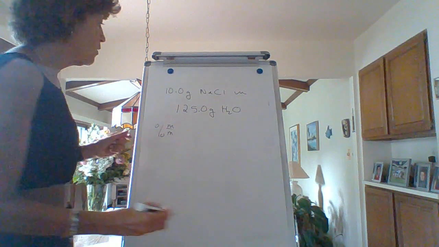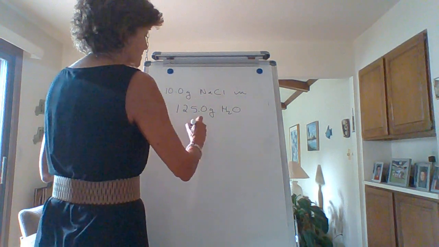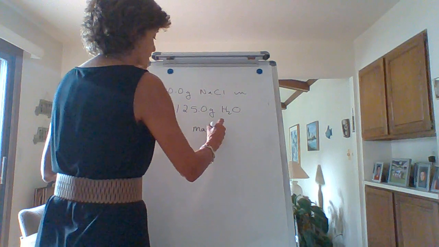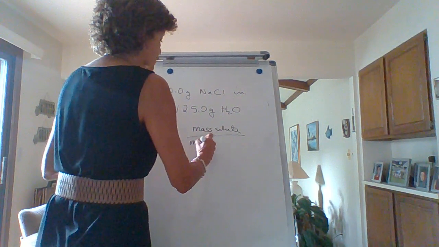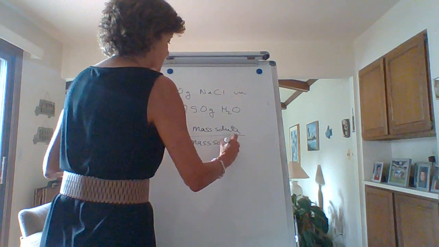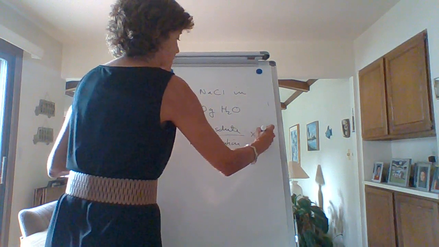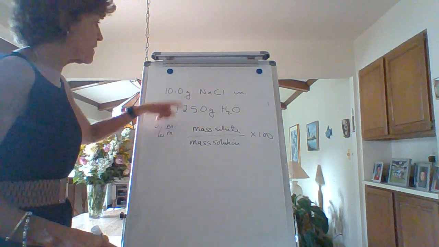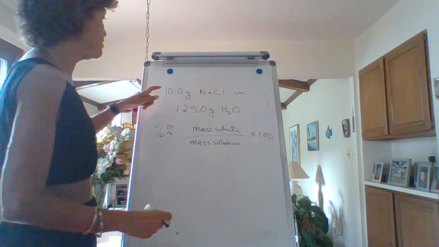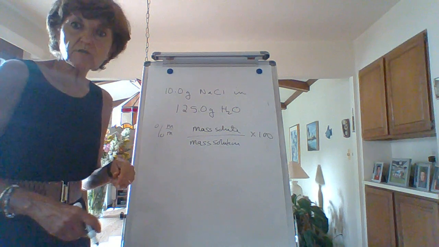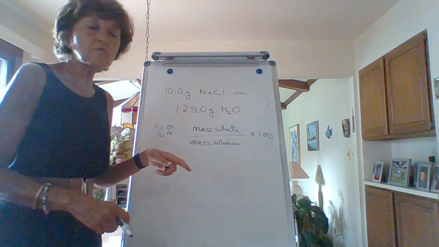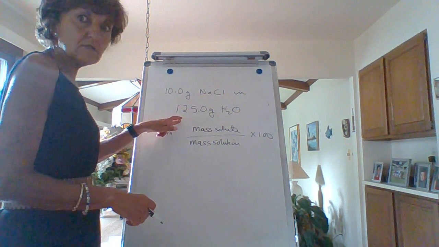Well, you put mass of solute on the top in the numerator, and then mass of solution in the denominator, and you multiply by 100. All right, so what is the mass of the solute? Just look at the terminology. 10 grams of sodium chloride in 125 grams of water. So this is an aqueous solution. This is the solute. This is the solvent.